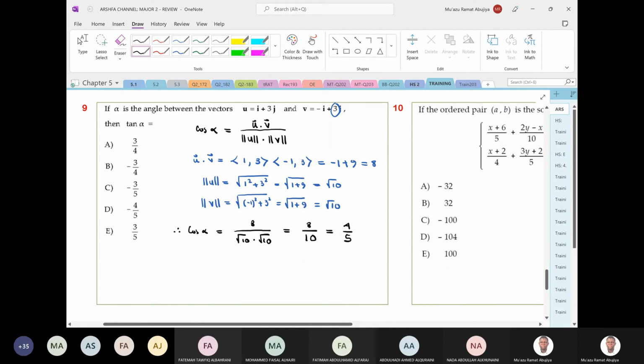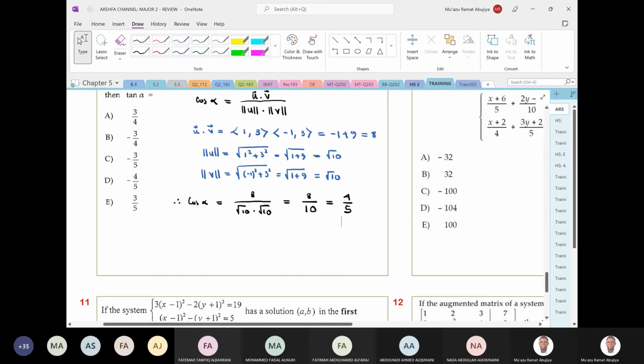Now observe that cosine of alpha is equal to 4 over 5, and we are talking about quadrant number 1. So then what is going to be the tangent? Here, do not forget that when we say cosine is equal to x over r. Now by Pythagoras, you will agree with me that y is going to be equal to 3, right?